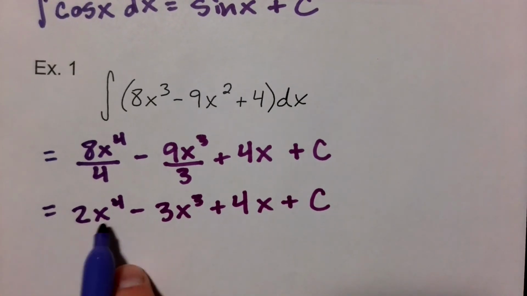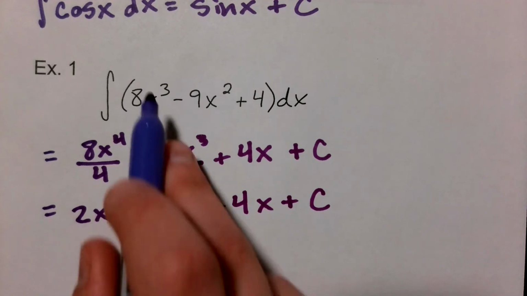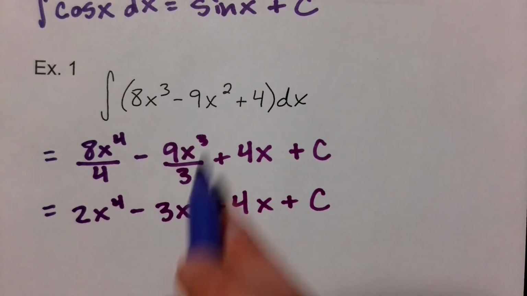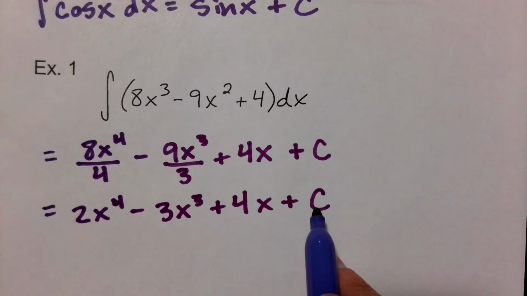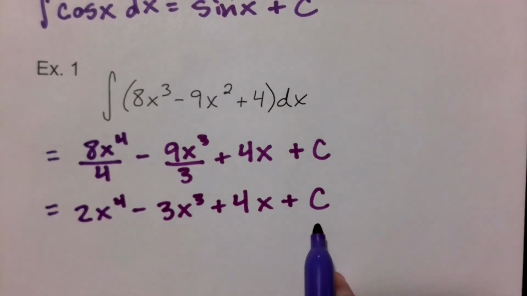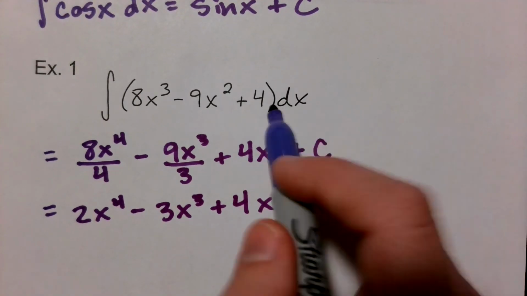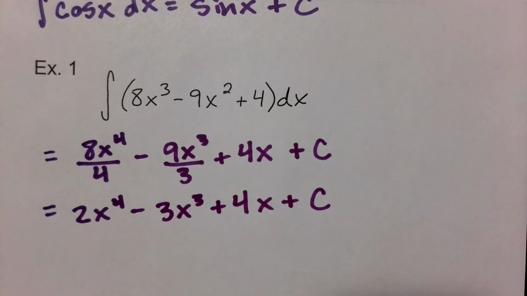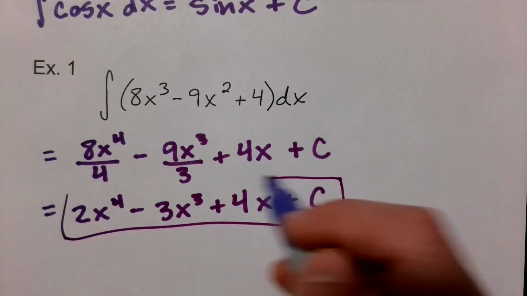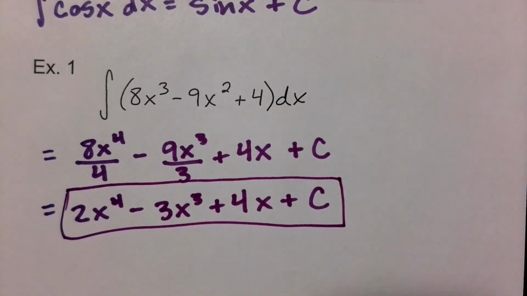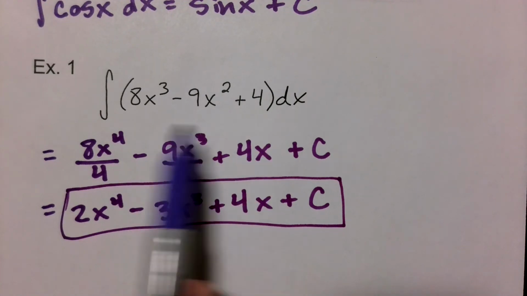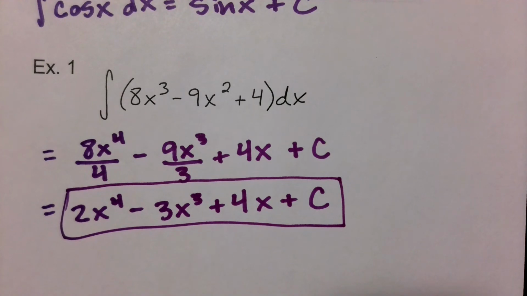If I were to take the derivative from here, I would end up with my 8x cubed, my negative 9x squared, my 4, and then plus some constant that I don't know if it started with a constant or not, but it ends up being 0, so we can't see it in the derivative. So this would be the indefinite integral of that guy. So going backwards, it's like you're being given f prime and you're trying to figure out f. That's what we're doing. Okay, let's look at one more like that.